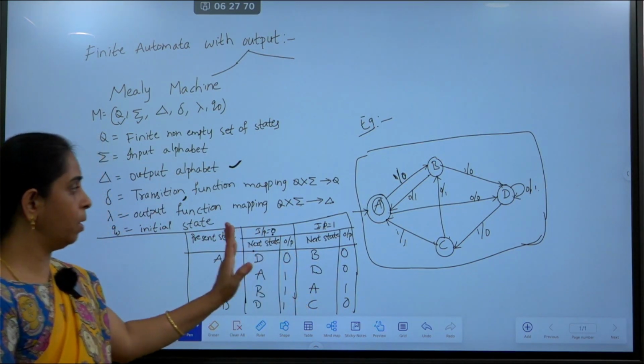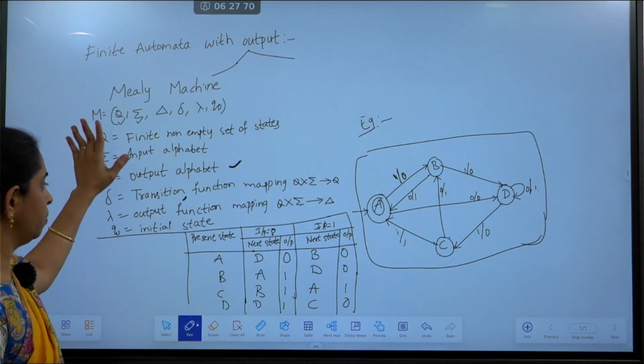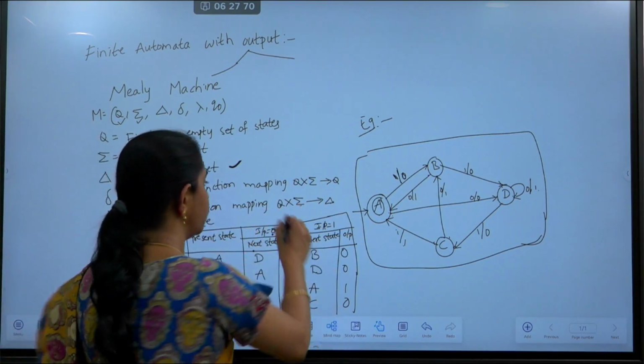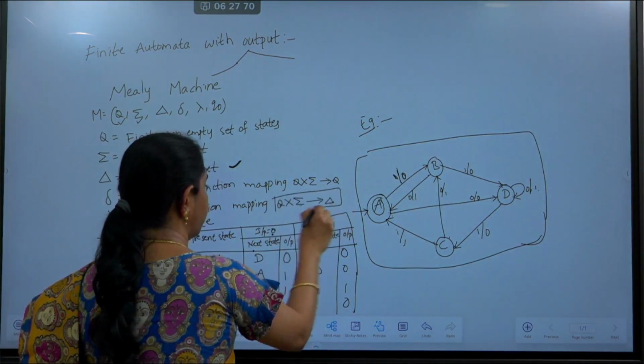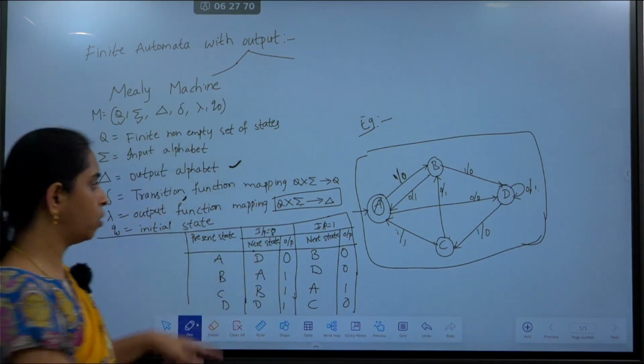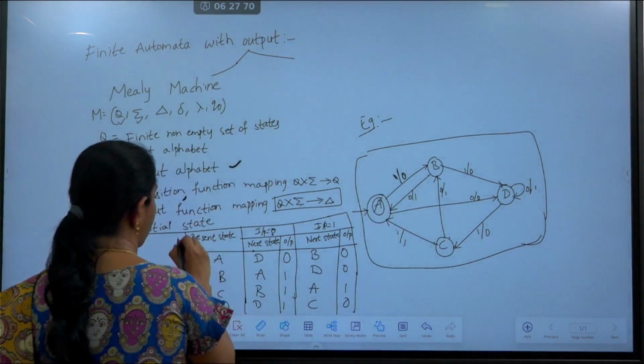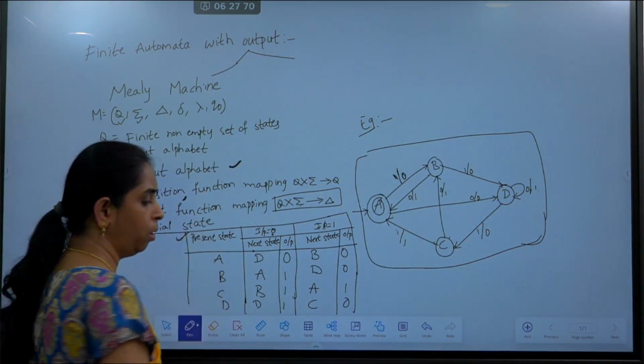That is about the Mealy machine. So in the formal definition of the Mealy machine, you have to remember that the transition function depends on the present state and the present input. For this example, we now know how to write the transition table.